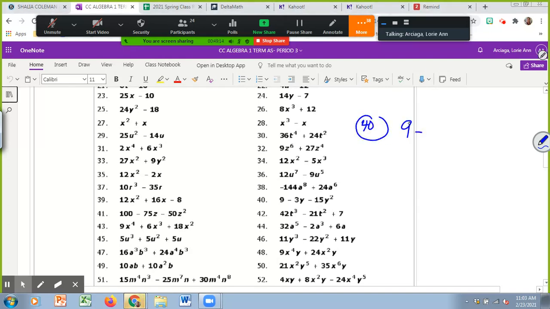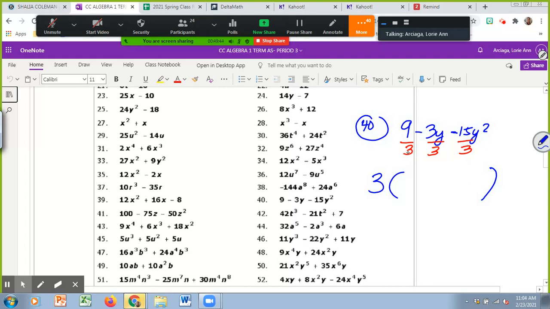So 9 minus 3y minus 15y squared. What can divide 9, 3, and 15? Divide by 3. Maybe some of us don't get it, so I'll show it still. I'm going to put the 3 over here. Sometimes if you arrange them vertically, it's nicer because they line up and you know what you're dividing.